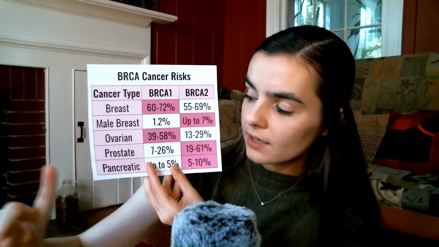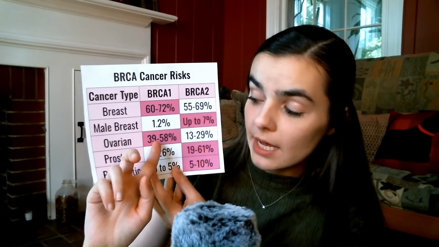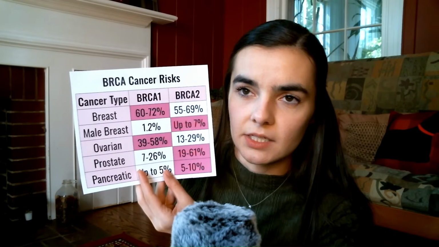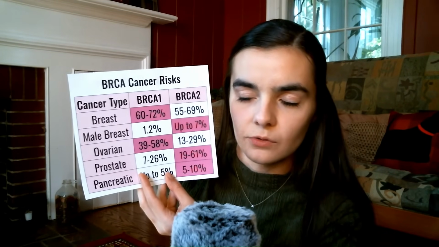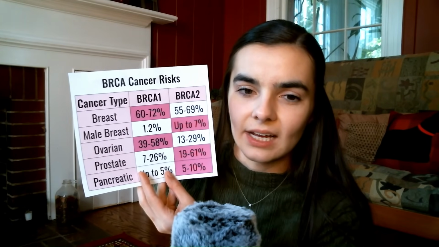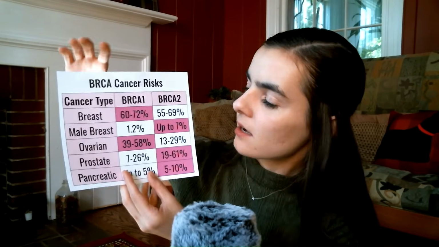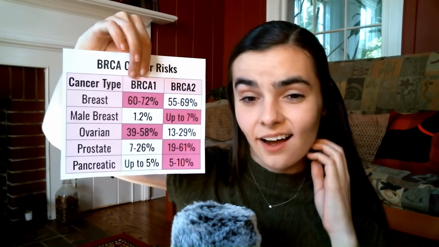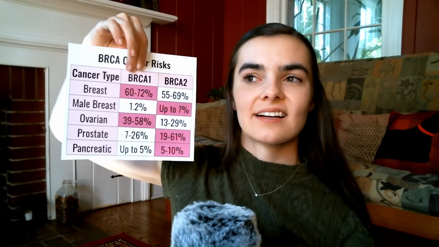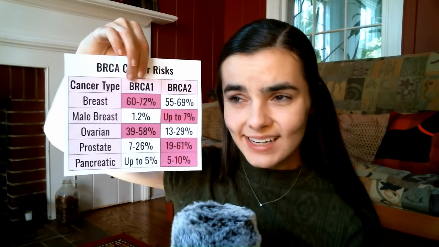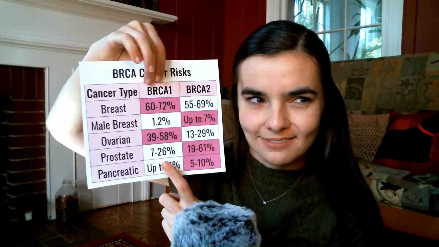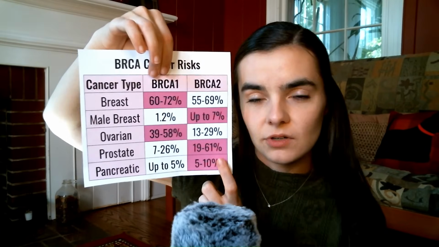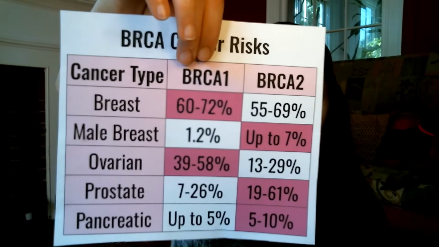Ovarian cancer is the other big one, higher with BRCA1, 39 to 58%, and it is definitely higher with BRCA2, up to 61%, so much higher with BRCA2.